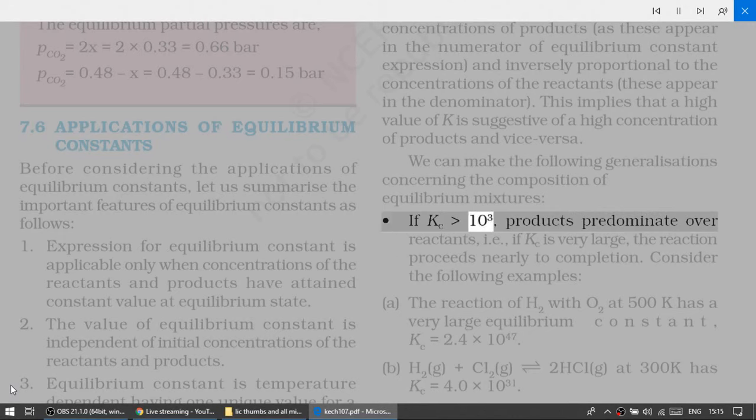If Kc > 10^3, products predominate over reactants, i.e., if Kc is very large, the reaction proceeds nearly to completion. Consider the following examples. A. The reaction of H2 with O2 at 500 K has a very large equilibrium constant, Kc = 2.4 × 10^47.